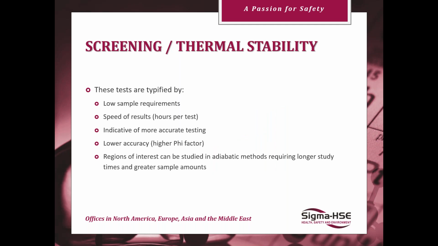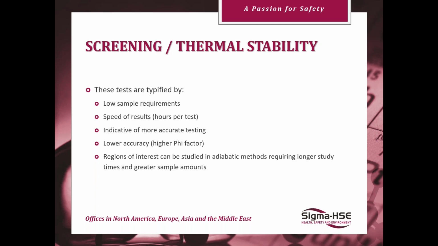So starting with screening and thermal stability. Thermal stability is a good package of data to have on its own, but we will also use a lot of these same techniques as a screening step before we move on to adiabatic or reaction calorimetry methods, just so we know what we're in for, what to expect.